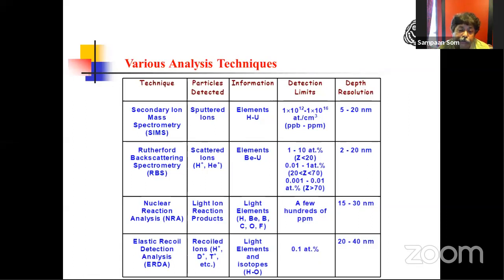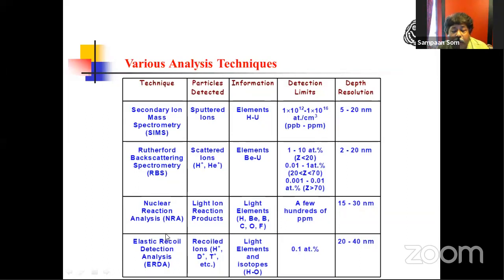The basic difference is, as you can see, here the particles which are recoiled in the forward direction, which get scattered in the forward direction, that means the scattering recoil angle is less than 90 degrees, are the particles which can be detected. And in Rutherford backscattering spectrometry, the particles which get backscattered, that means the projectile ions, are helium.